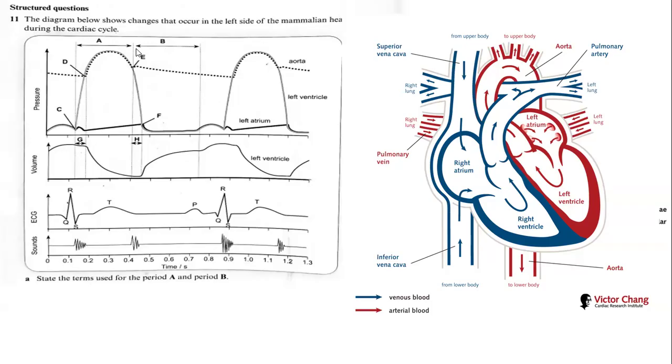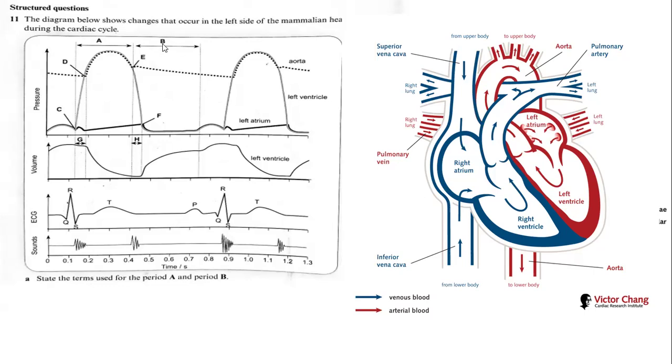Is period A systole and is period B diastole? A word comes before that. A would be the atrial systole, and then B would be the ventricular diastole. Okay, so you are right.